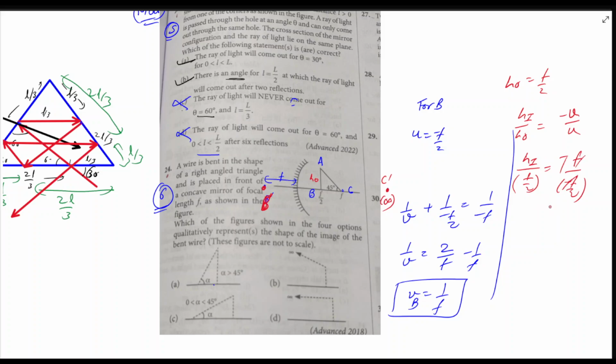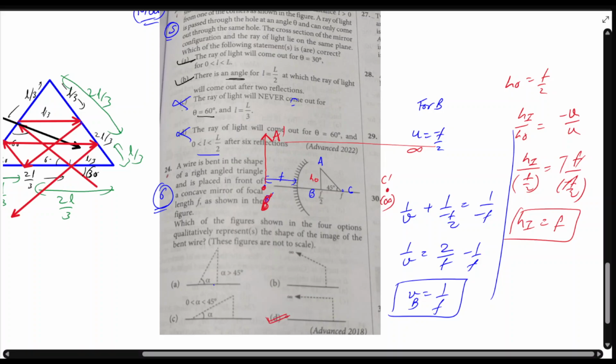This will get cancelled. So height of image will be f, right? So this two will go here and yes, so it will be f. So we will see the A will be like this. So this will be A dash, right? And image is like at infinity. So which is the correct? So this is the correct. D option is the correct.